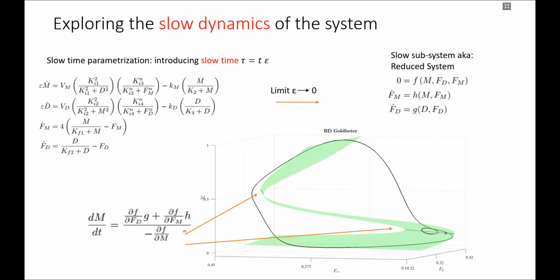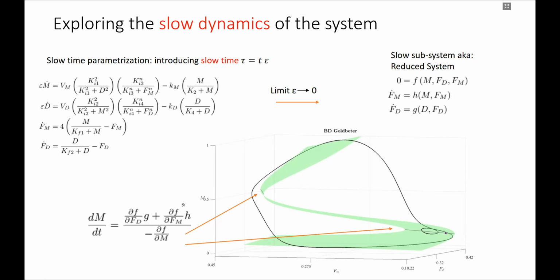Now, you see that when the denominator goes to 0, but not the numerator, then the slow subsystem is not defined. And this happens on the folds of the surface, here and here.